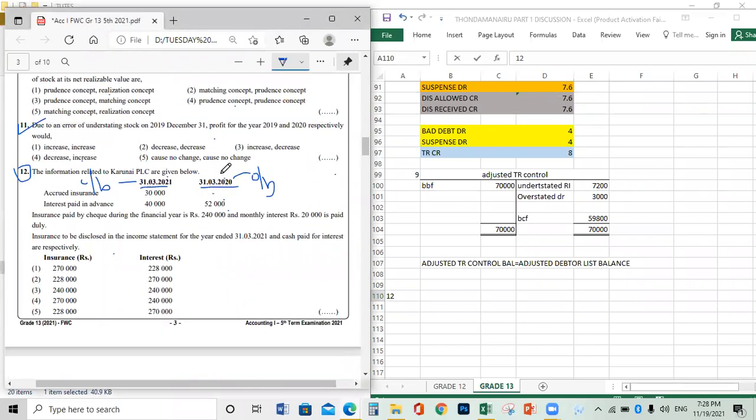So please be careful. Now the question: insurance to be disclosed in the income statement and cash paid for interest respectively. They are asking what is the insurance expense and what is the cash paid for interest.